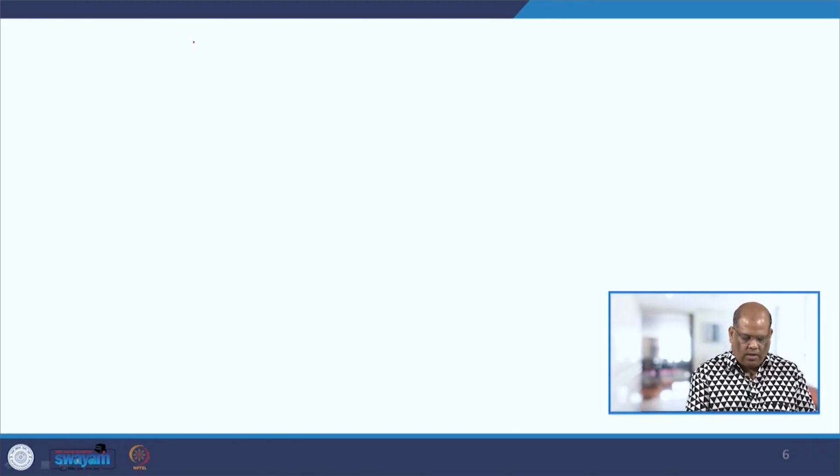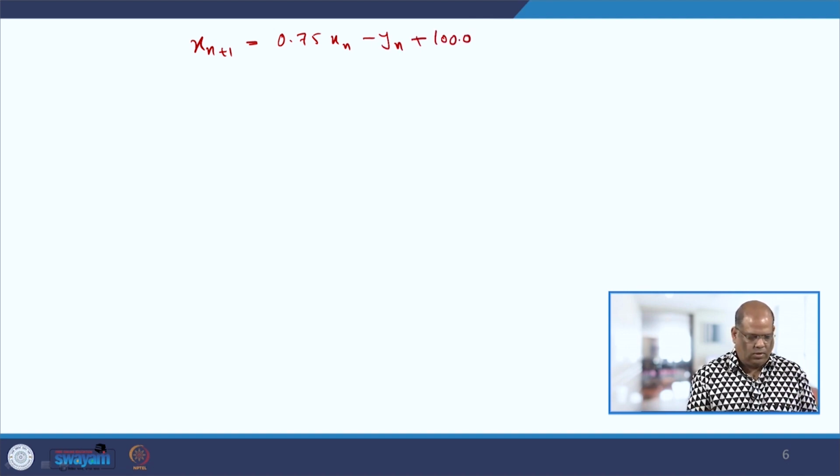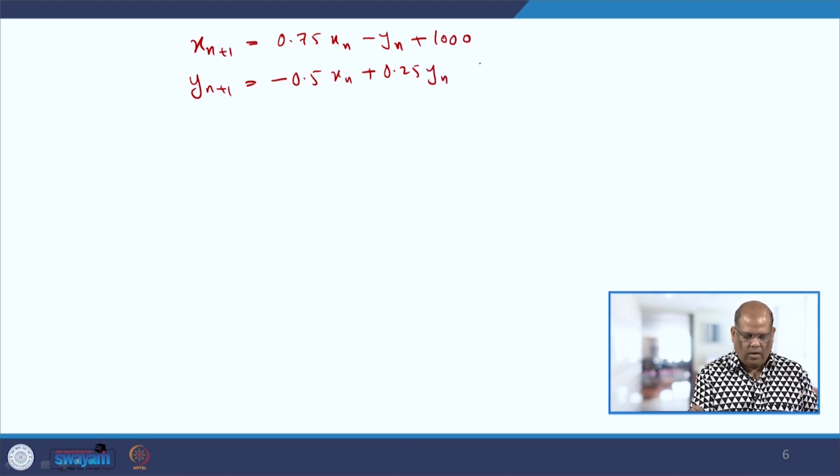Now, let us take the second example, say non-homogeneous equation xn plus 1 equal to 0.75 xn minus yn plus 1000, and yn plus 1 equal to minus 0.5 xn plus 0.25 yn plus 59.